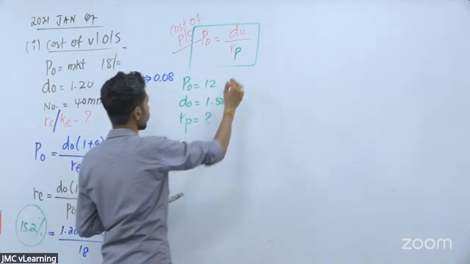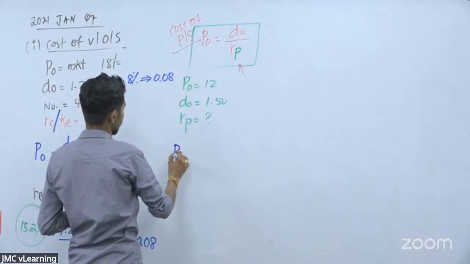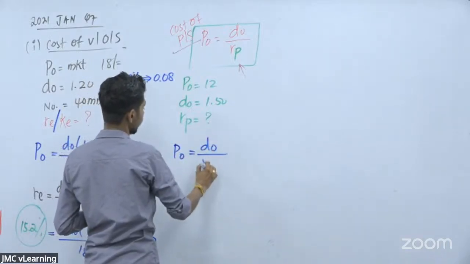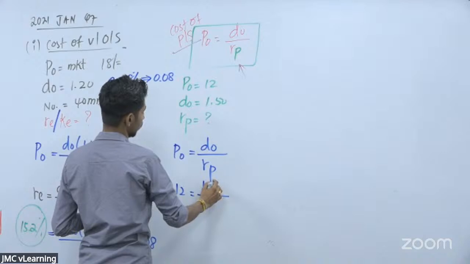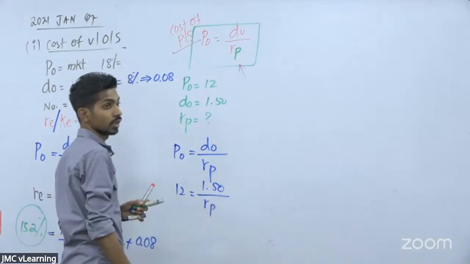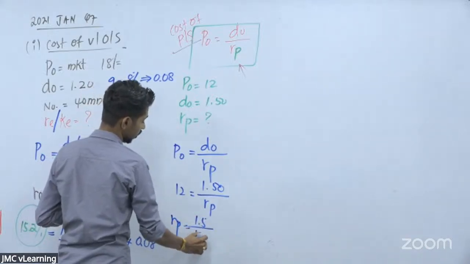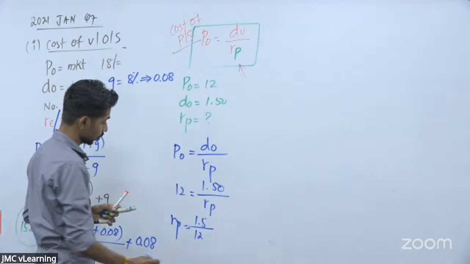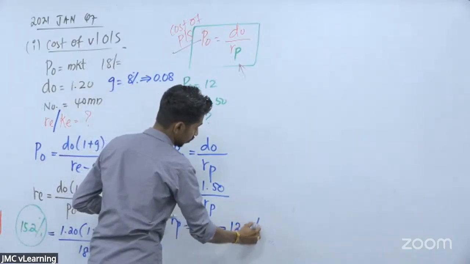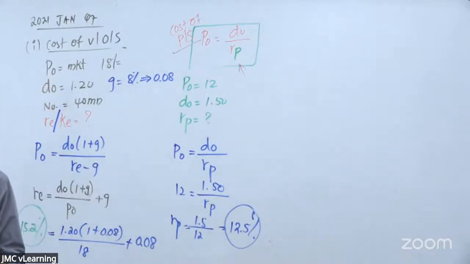Then using the formula P0 equals D0 divided by RP, P0 is 12 rupees, dividend is 1.5, RP is our expected figure. Then RP equals 1.5 divided by 12. How much? 12.5. 12.5. Is it clear?